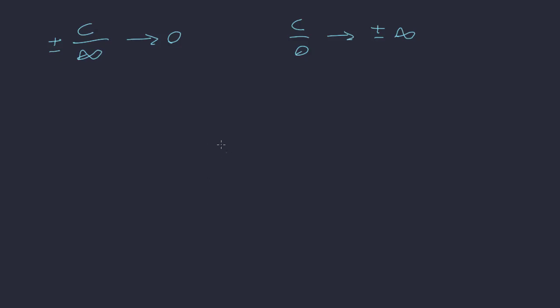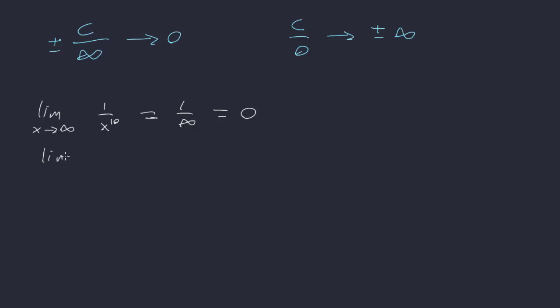Now, the beauty of this is that this can work for all sorts of things, right? So the limit as x goes to infinity of, let's say, 1 over x to the 10th, well, we already know that x to the 10th as x goes to infinity is infinity. So this is a 1 over infinity case, which is just 0.